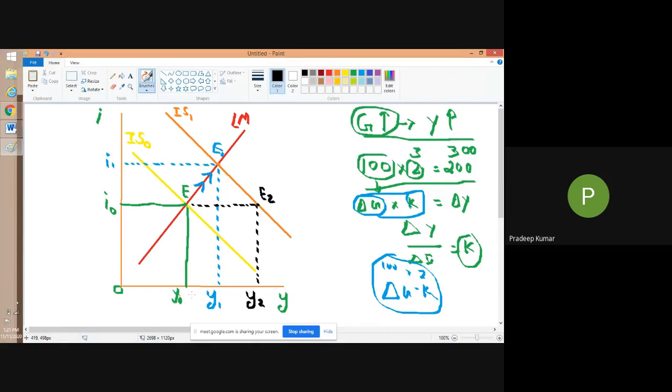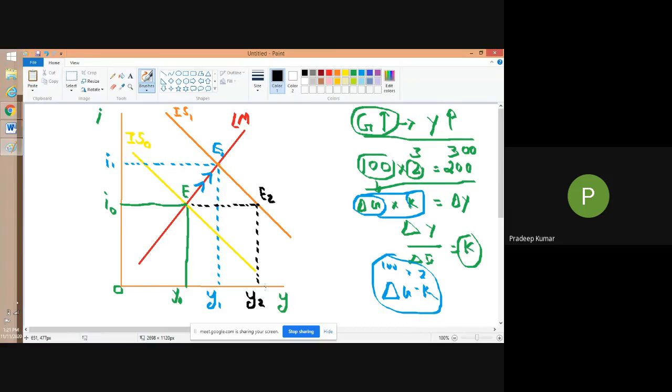So it's clear that we have not moved from Y0 to Y2. We have only moved from Y0 to Y1. The reason is that the increase in the rate of interest from I0 to I1 has resulted in a reduction of private spending. As a result, we have not got an increase in income from Y0 to Y2. This figure clearly explains the crowding out.